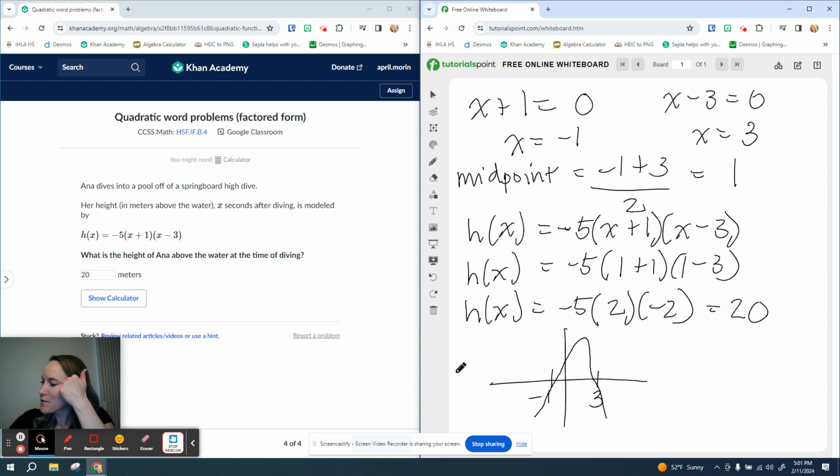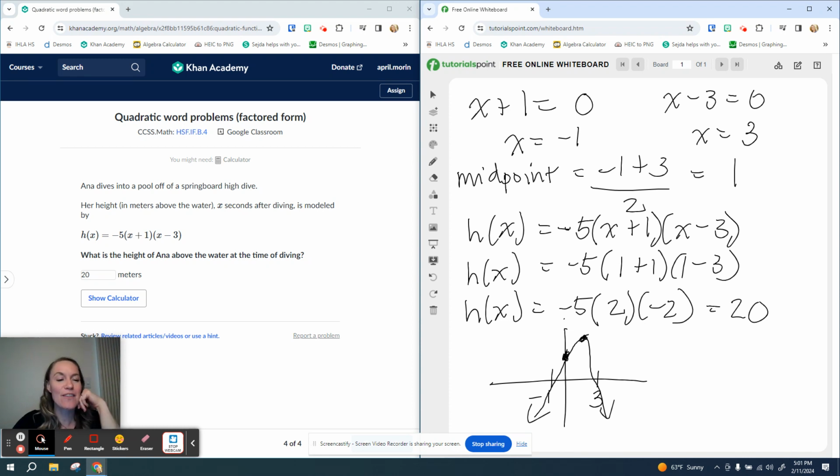So here is her thing. We found the maximum height, and if I just would have sketched the graph, it's always good to sketch the graph. If I would have just sketched it, then I would have understood what they were talking about. They wanted the y-intercept.